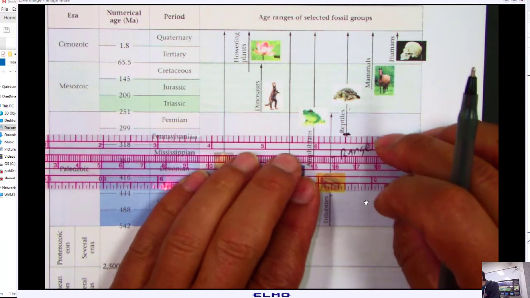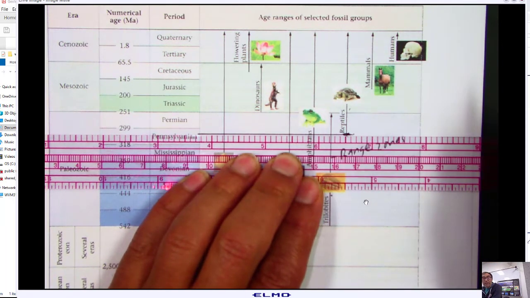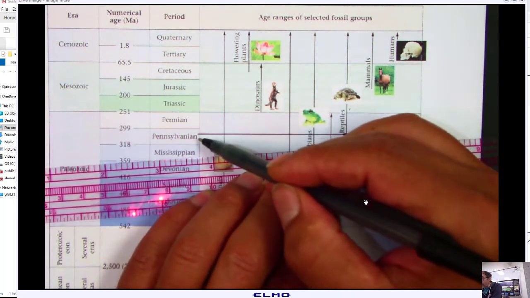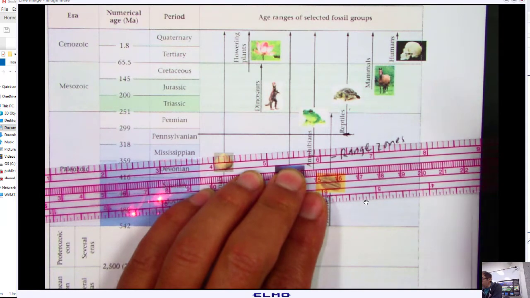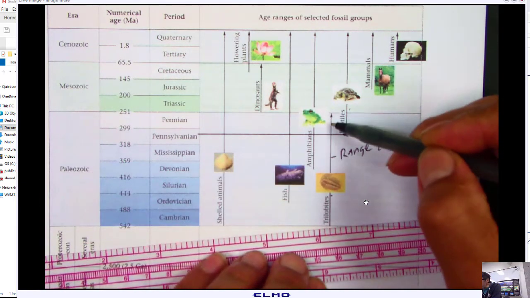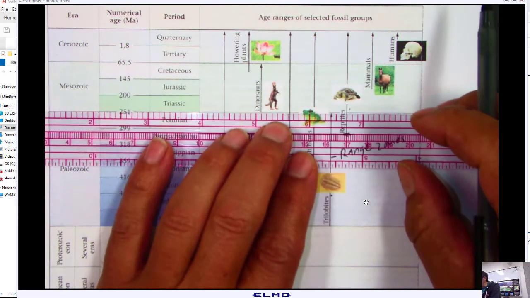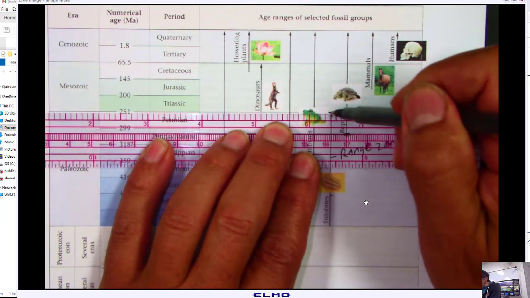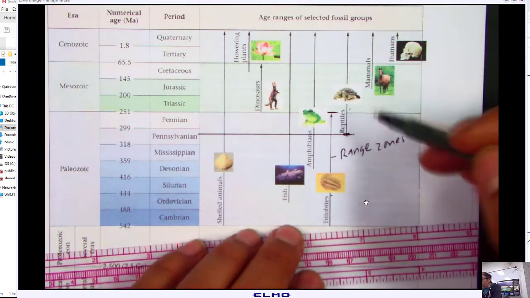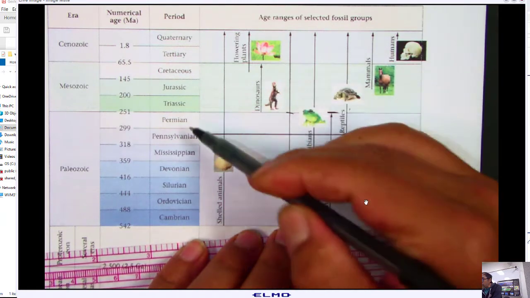So that would be sort of the base of my age. The oldest it could be would be Pennsylvanian, right? Kind of the late Pennsylvanian. But then I see that trilobites do go extinct here at the end of the Permian. So the youngest this rock can be that would have all three would be Permian, right?